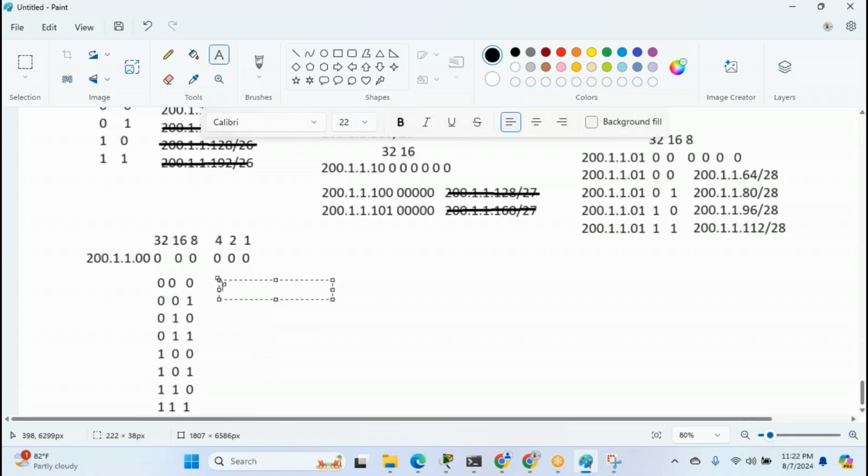If we write them down, the first one is 200.1.1.0/29, since 26 was already 26 plus 3, 29.